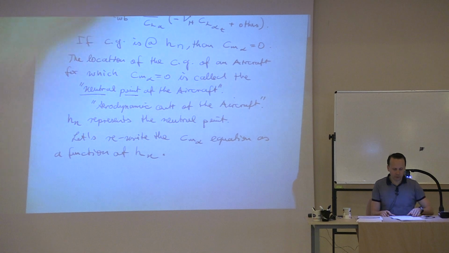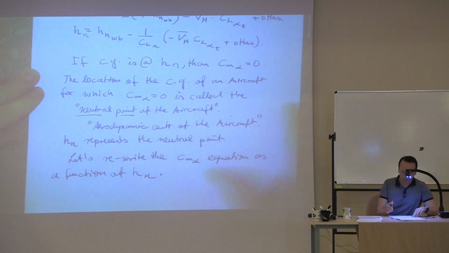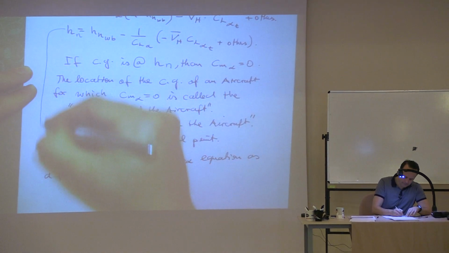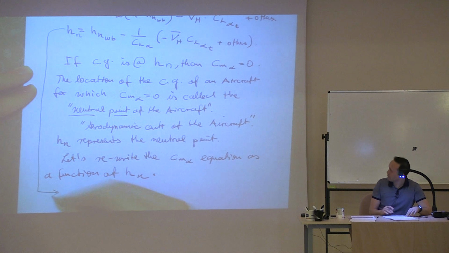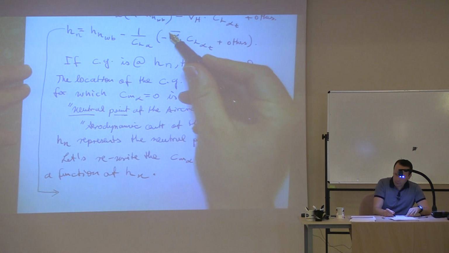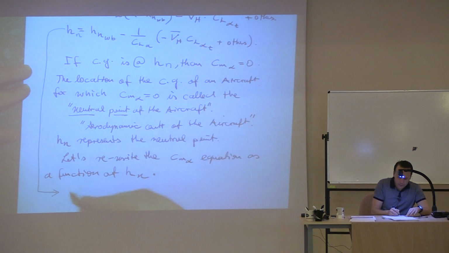So basically what we are going to do is this. We are going to take this equation that I just found. Okay? And I'm going to write this part here. Right? It will be Hn minus Hn wing body, right?